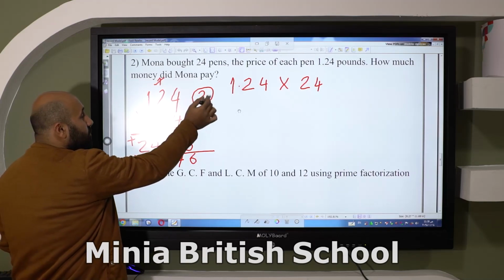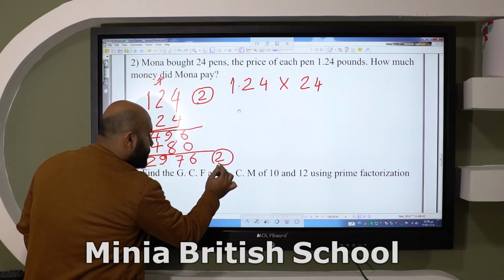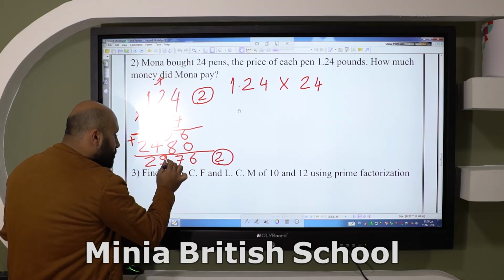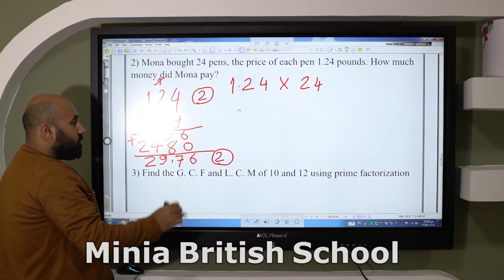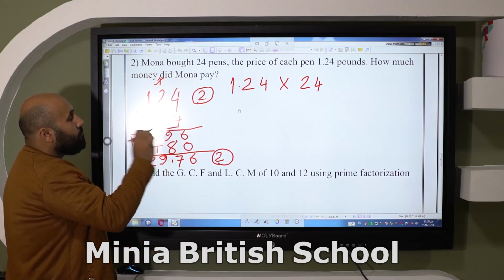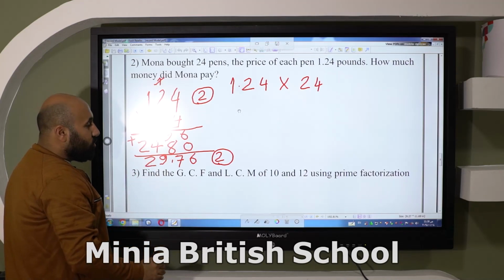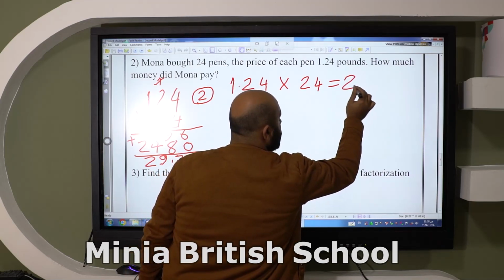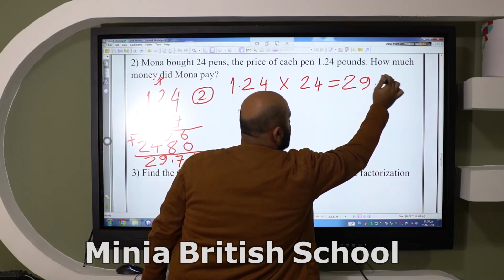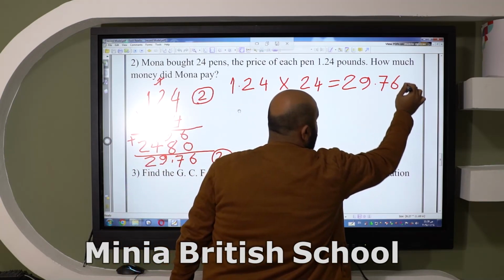I have the decimal point after 2 digits, so it will be after 2 digits, between the 9 and 7. So the total that Mona paid is 29.76 pounds, and don't forget to put pounds. 29.76 pounds, and don't forget the unit.